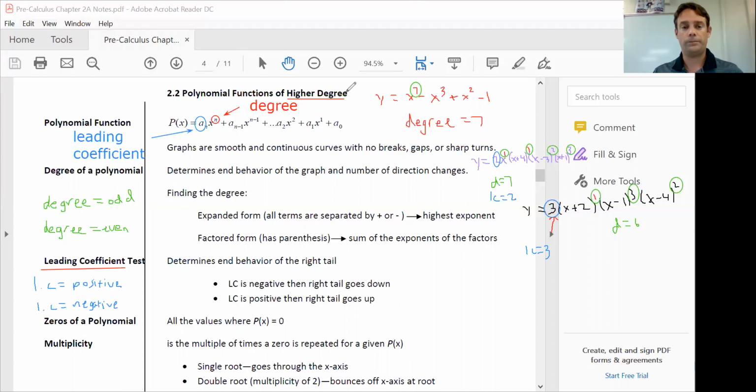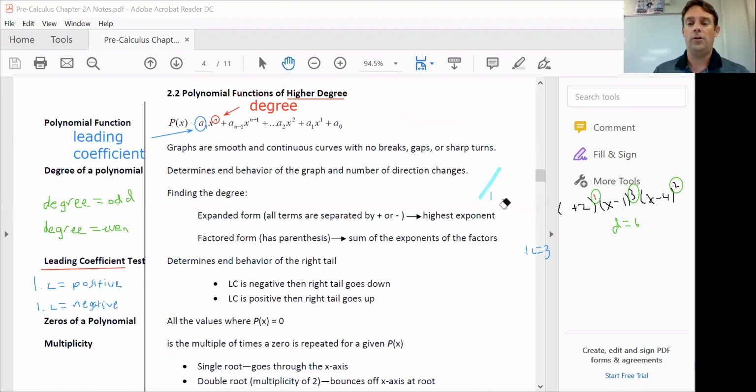So we have degrees, we have leading coefficients. Well, what this leading coefficient thing does is, when we start to graph these, it allows us to determine where these graphs start and where they end.